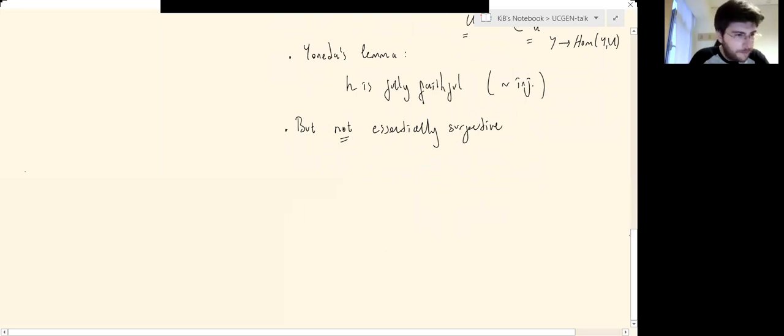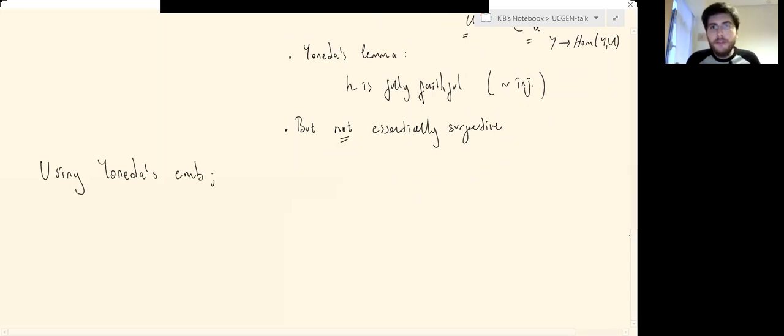Just a second. Okay, actually using the Yoneda embedding, certain algebraic geometric objects can be formalized by using this functorial perspective. Okay, so we have a functorial perspective. This part is really important.